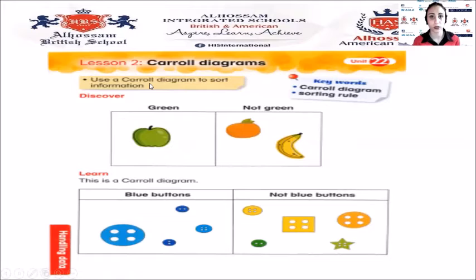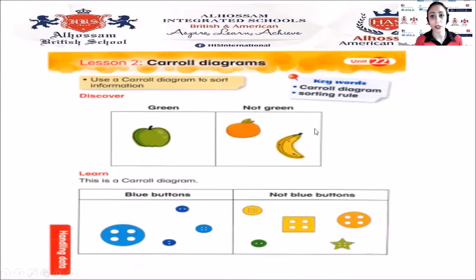Listen to carroll diagrams. Say with me: carroll diagrams. A carroll diagram is a table used to group things.